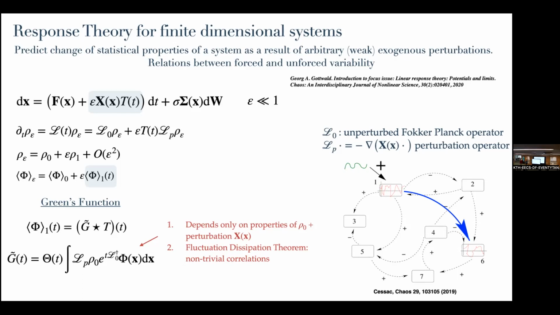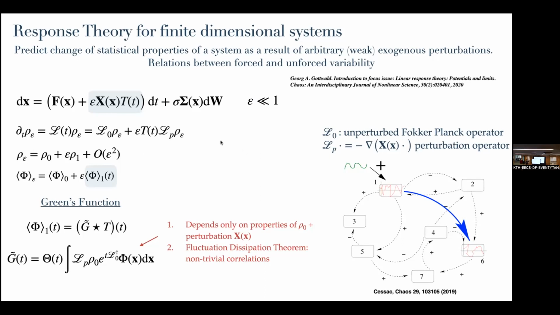And now it's a pillar of stochastic processes as well. Basically the goal of response theory is to predict how the statistical properties of a specific system change as you apply some input to it. In other terms, response theory tries to find relationships between what is called forced variability, so the variability when the system is forced, and the unforced one, so when the system is unperturbed.